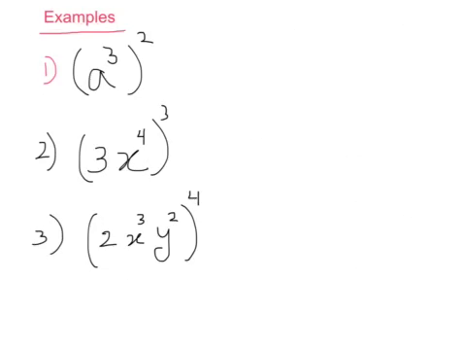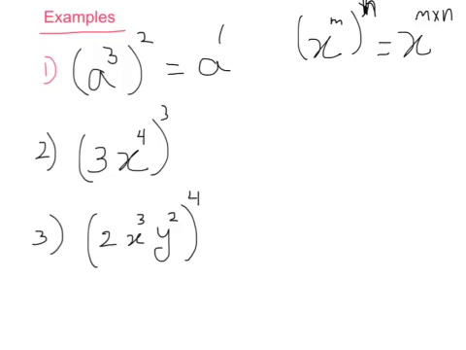Now with this set of examples, you will use the third index law, which is if you're given x to the power m in brackets, and on the outside, you just multiply the powers, which is m times n. And this is applied here, so 3 times 2, which gives you 6.